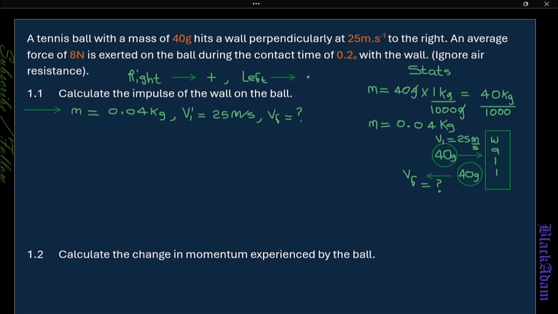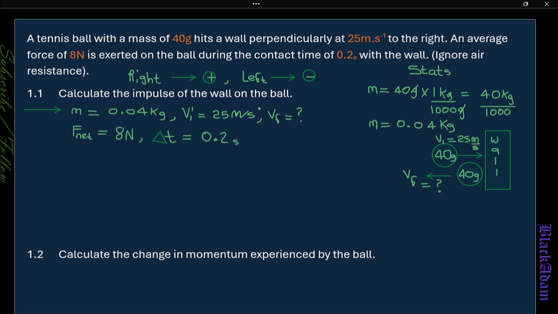Whenever we're dealing with these components, we know our directions. The net force is 8 newtons, and the change in time is 0.2 seconds.